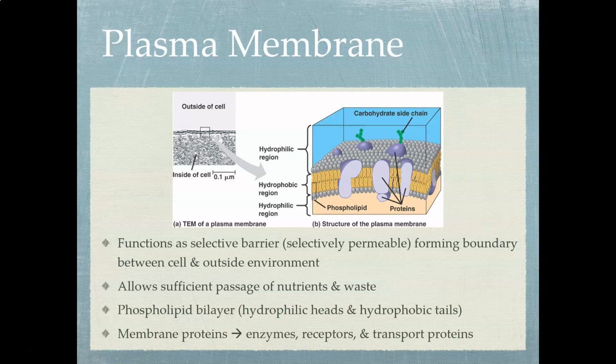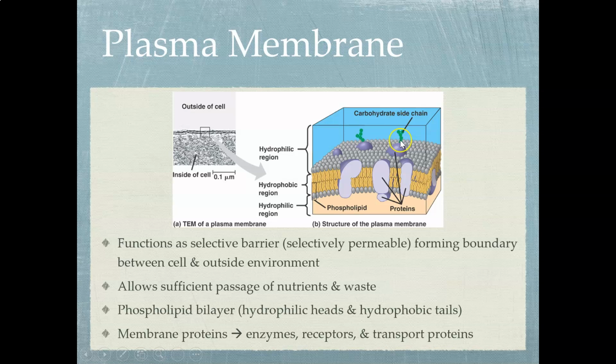Other membrane proteins also act as receptors, as a way for cells to communicate with each other. It's all molecular, so they have to have ways to receive those signals and then cause changes inside the cell. So that's the idea of the receptors. Enzymes, same idea, being able to catalyze chemical reactions, some of which may be in communication pieces, others for other reasons.